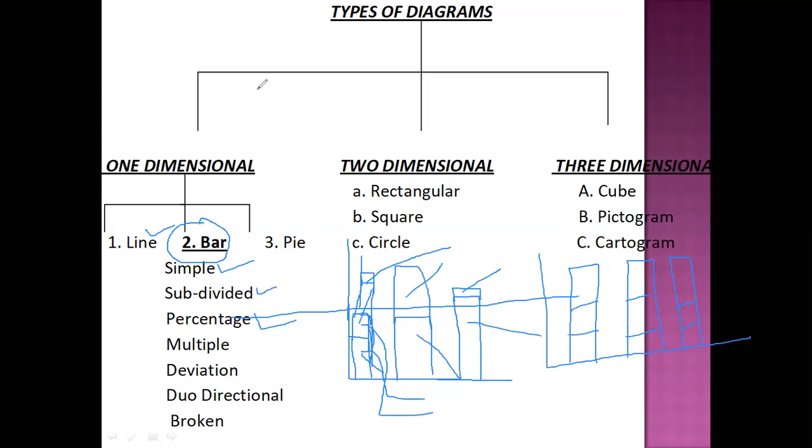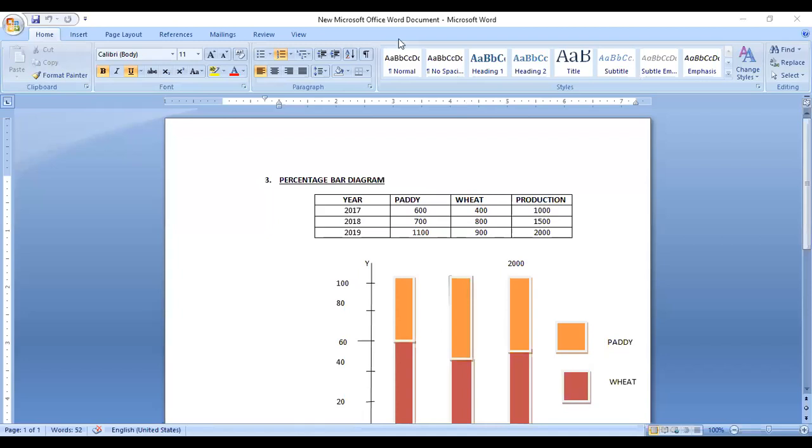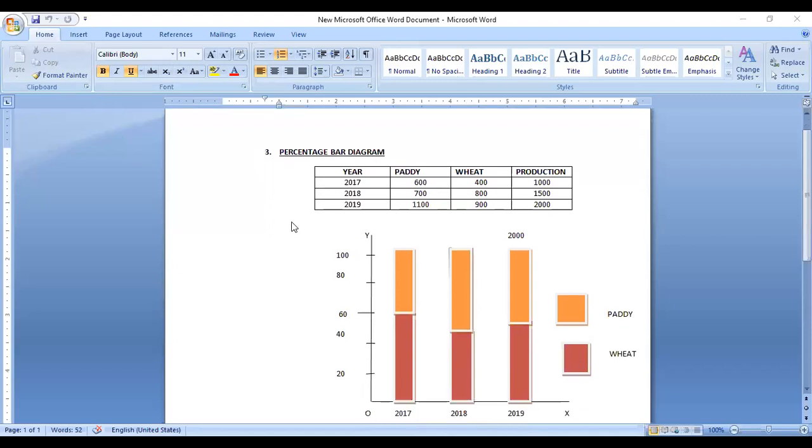So these three we have seen, dear friends. Today we will start with multiple bar diagram. Just to continue, this is the third bar diagram that we have seen in our previous class. This is percentage bar diagram.